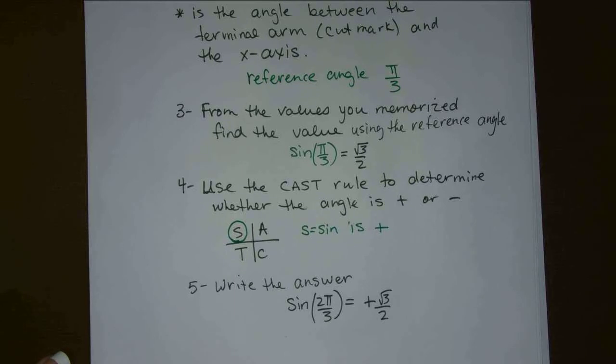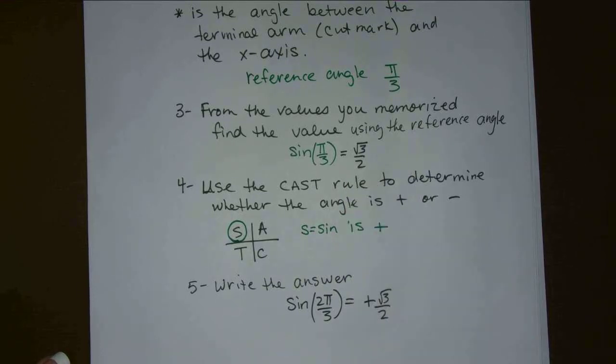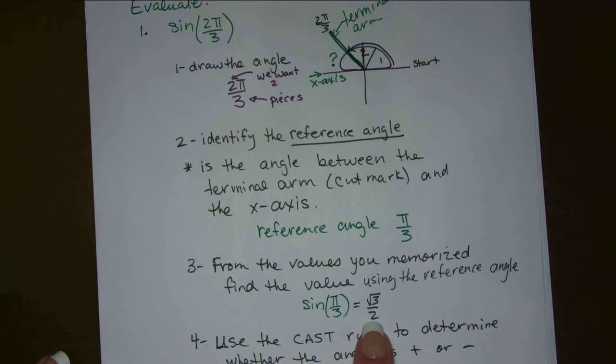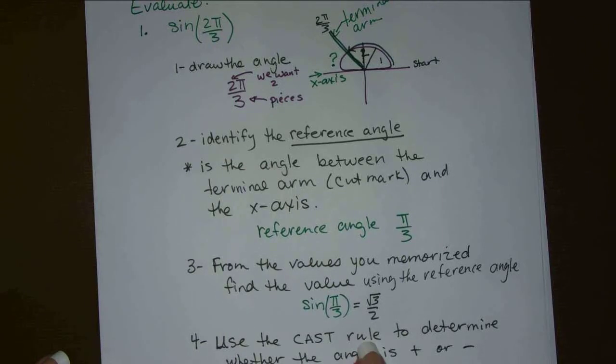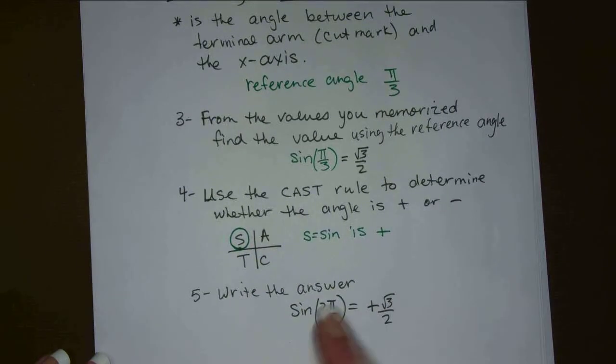So you need the CAST rule, and you just need to know what the reference angle is, because the answers are all the same for pi over 3. This one's 2 pi over 3. The answer would still be root 3 over 2 for 5 pi over 3, 11 pi over 3, 101 pi over 3. They would all be root 3 over 2. It's just whether they're plus or minus, and to know that is the CAST rule.